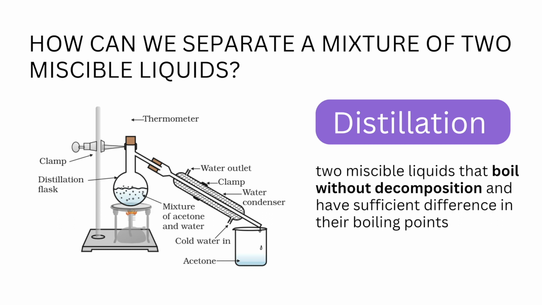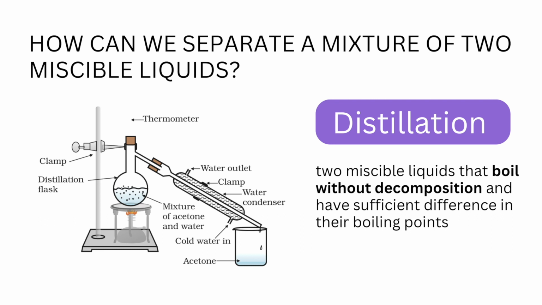So the gas formed on heating is then cooled and collected in a beaker. After doing this, you will be left with water in the distillation flask. Or you can also take the acetone away and heat it more to make the water become vapors, and again condense it and collect it in another beaker. So this is how distillation works.